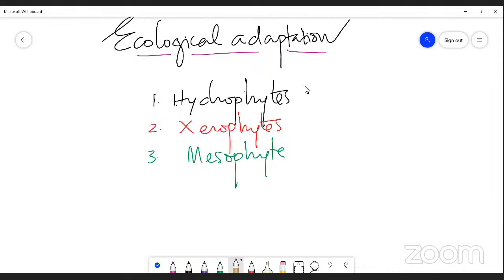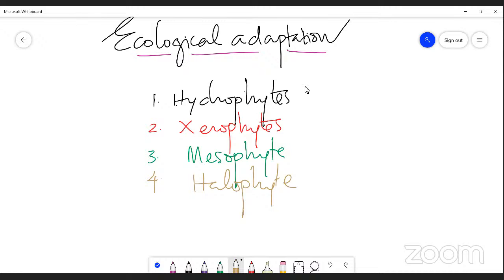And one more category I'd like to mention, the fourth type, is Halophytes. Halo means salinity. The place where the soil is saturated with a higher amount of salt, or salty water, or a salty region, where the plant grows and completes its span of life.